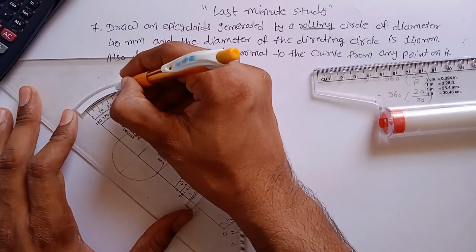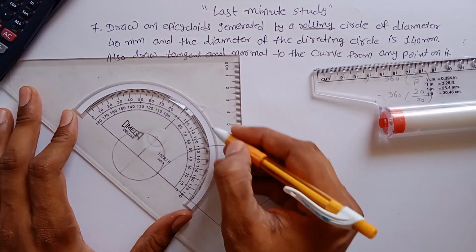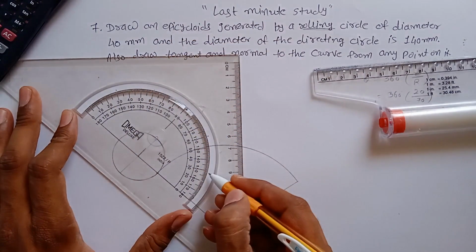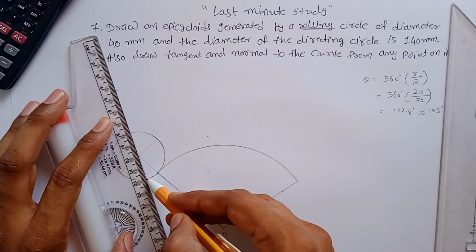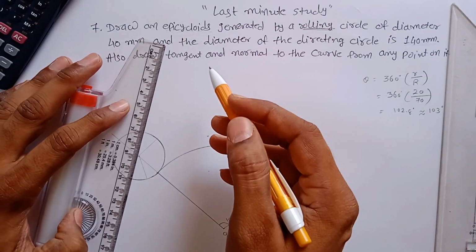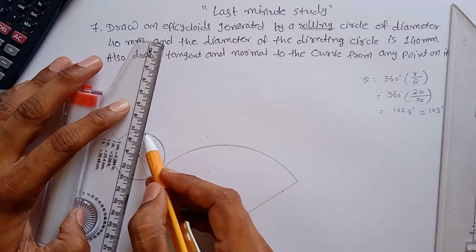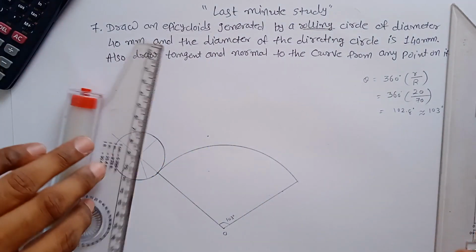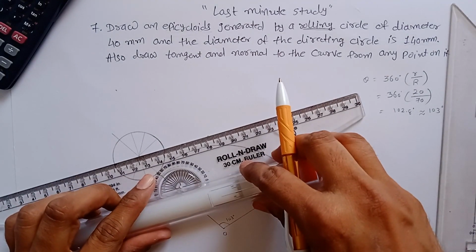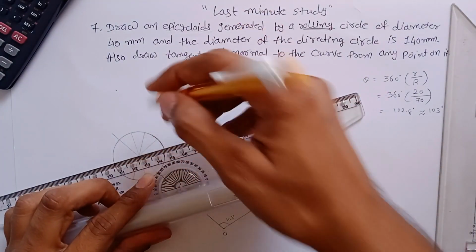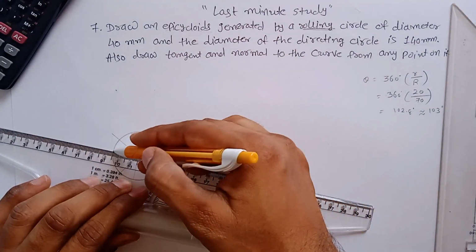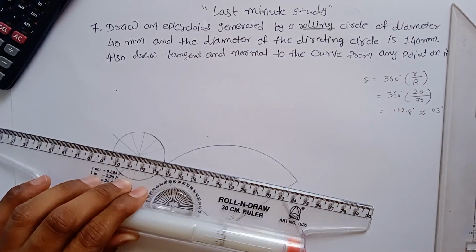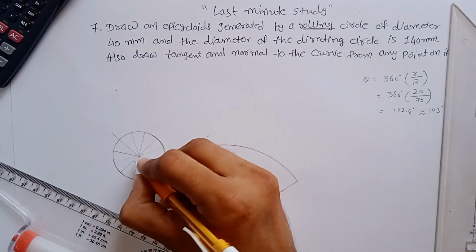Measure this distance as 30 and 60. So this is the C point.